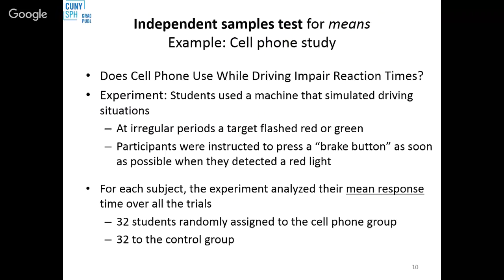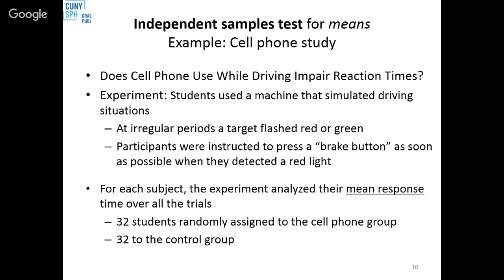So it's safe, it's just a video game. And at irregular periods during the driving simulation, they're flashed suddenly a red or a green light. And if it's a red light, they have to hit the brakes as soon as possible. If it's a green light, they have to continue going.